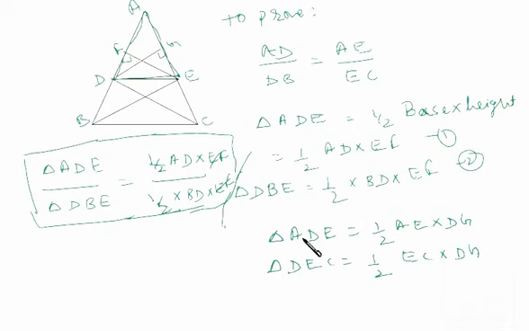So we can calculate the ratio of ADE and DEC. So area of triangle ADE by area of triangle DEC is equal to half AE into DG by half EC into DG. DG cancels, half cancels. So that is AE by EC.